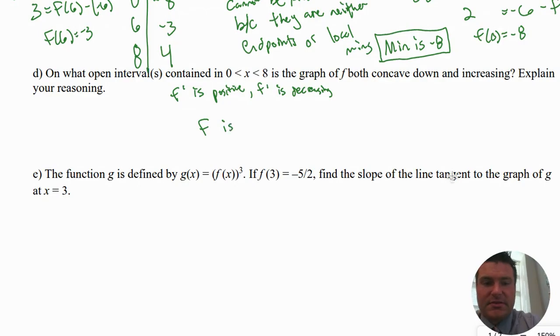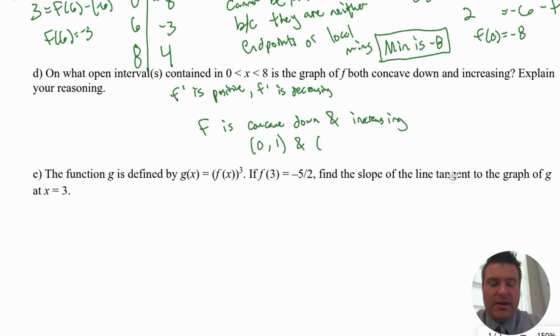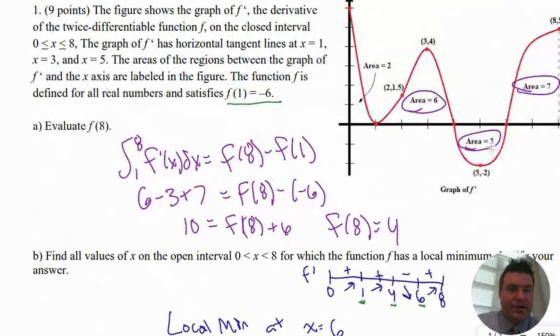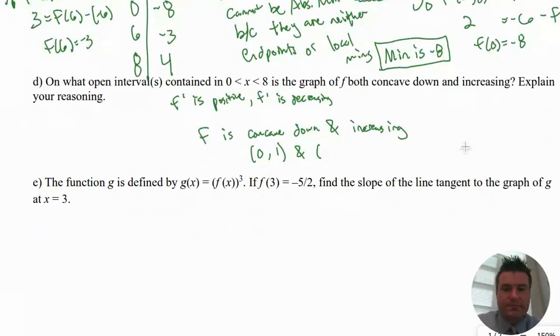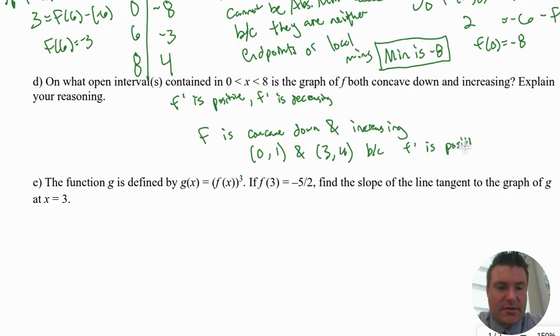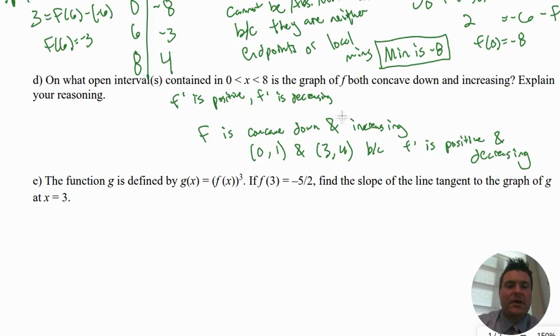So f is concave down and increasing from 0 to 1, and from, I already forgot, so I'm going to scroll back up here, and from 3 to 4, because f prime is positive and decreasing.